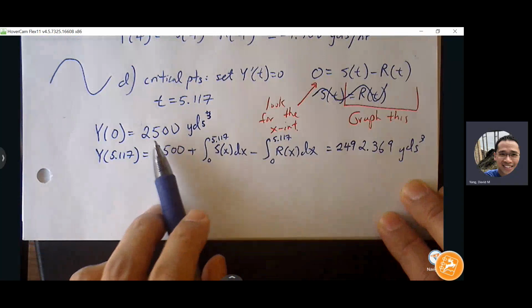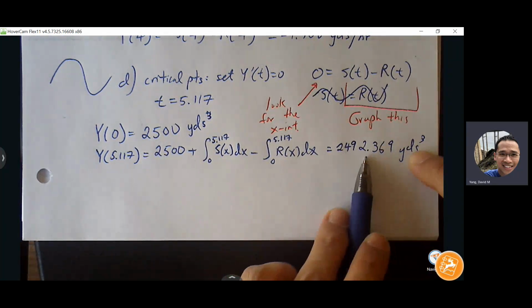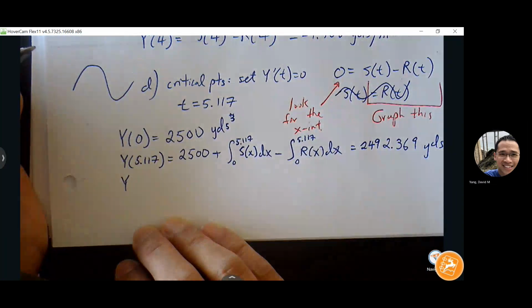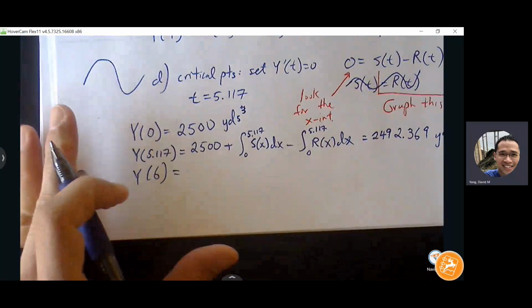So to begin with, there's 2,500 cubic yards. 5 hours in, there's 2492 cubic yards. So now we want to also do y of what? 6. Yeah, that's our last candidate.